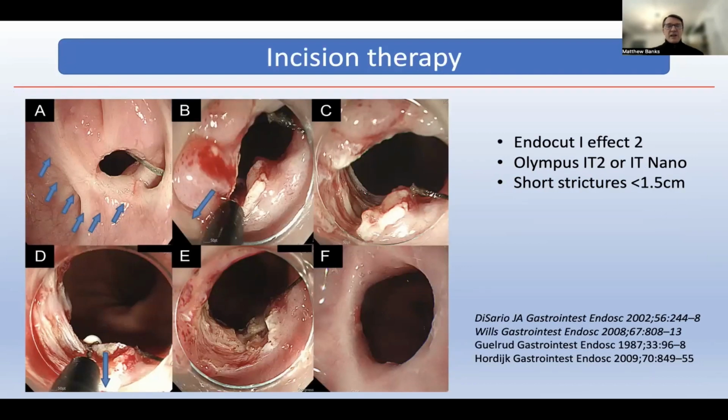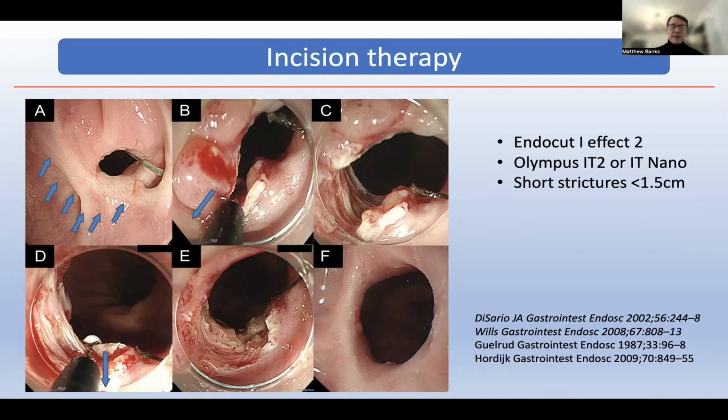Incisional therapy is very satisfying because the patients often experience quite a significant improvement in symptoms immediately after the procedure. It has to be undertaken carefully, however, and if you have any experience with ESD and EMR, or Zenker's diverticulotomy, the techniques are very simple and similar.